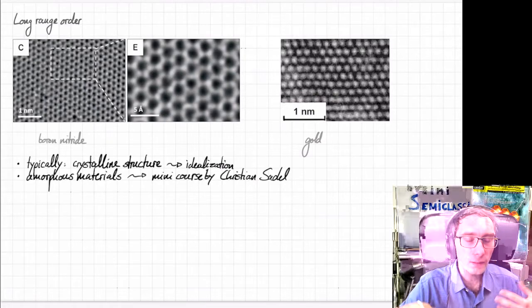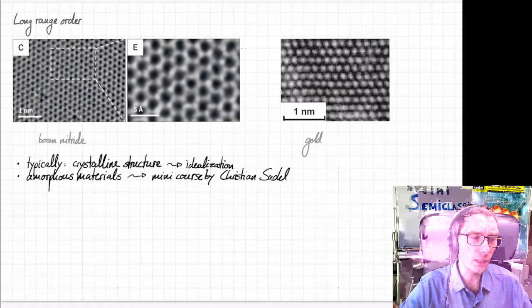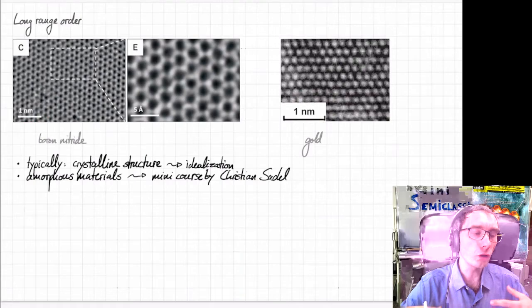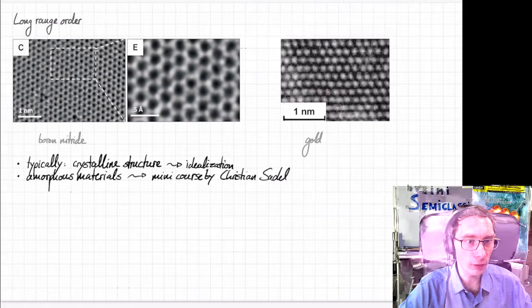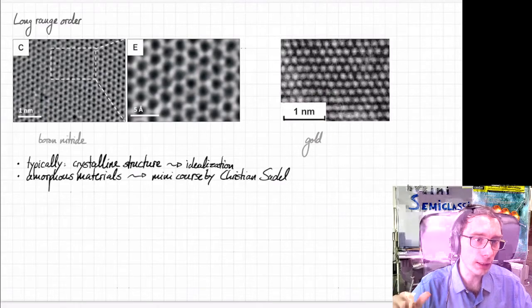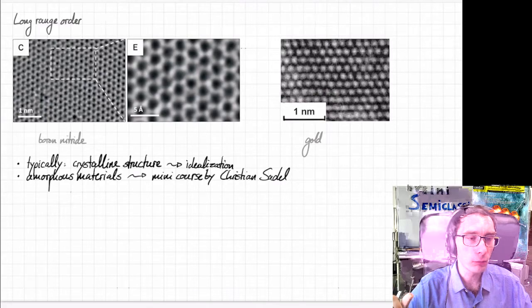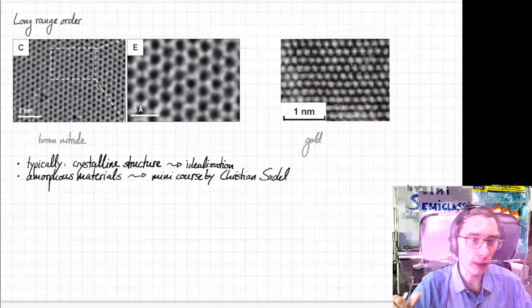So the typical scale is, of course, not completely independent of the material that you're using, but let's say you are working in the range of 1 to 10 angstroms. So typically lattice distances are between 3 and 10 angstrom.